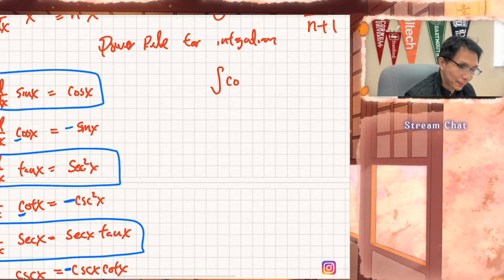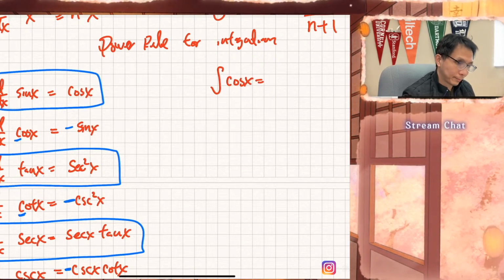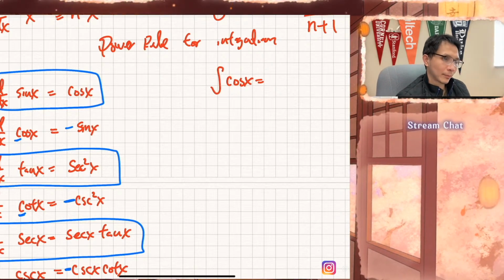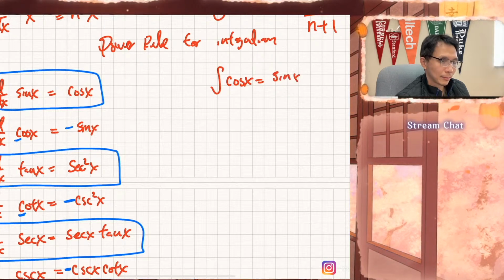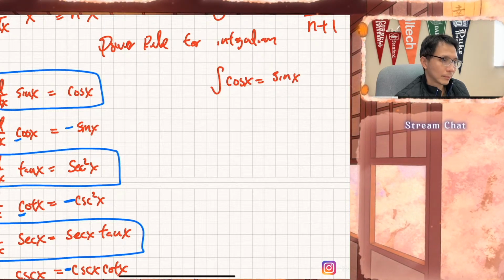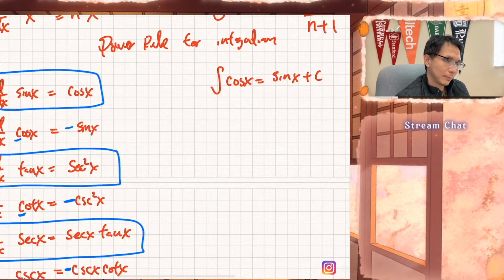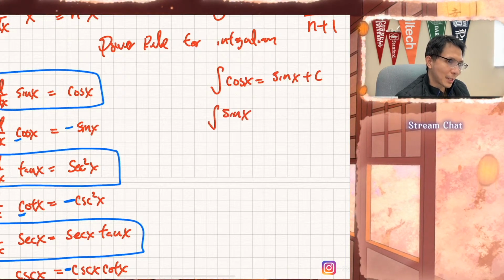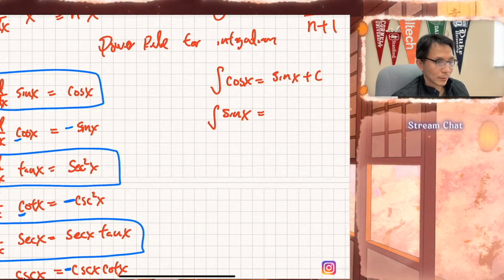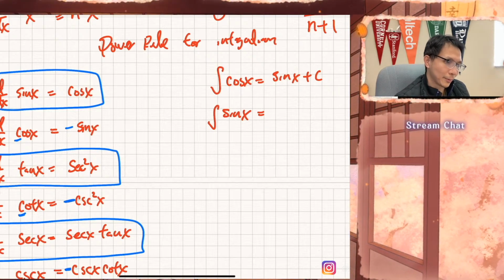of cosine of x? Sine of x. Okay, you're missing something. Plus c. Okay, what's integration of sine of x? Negative cosine of x plus c. Thank you.